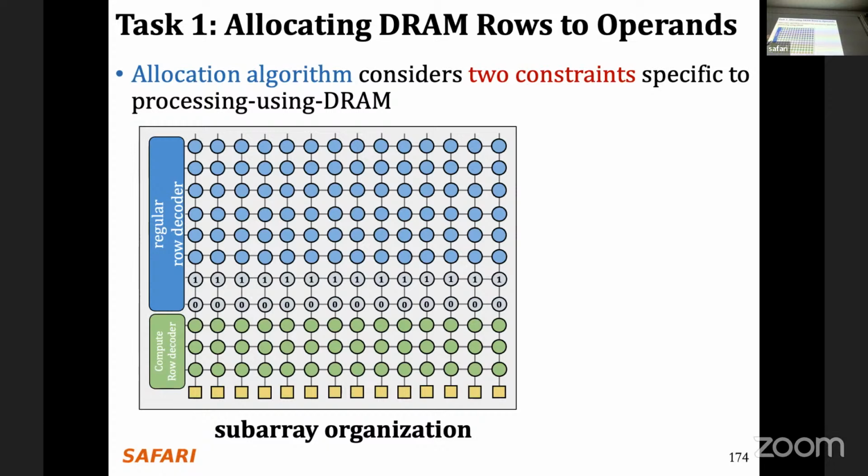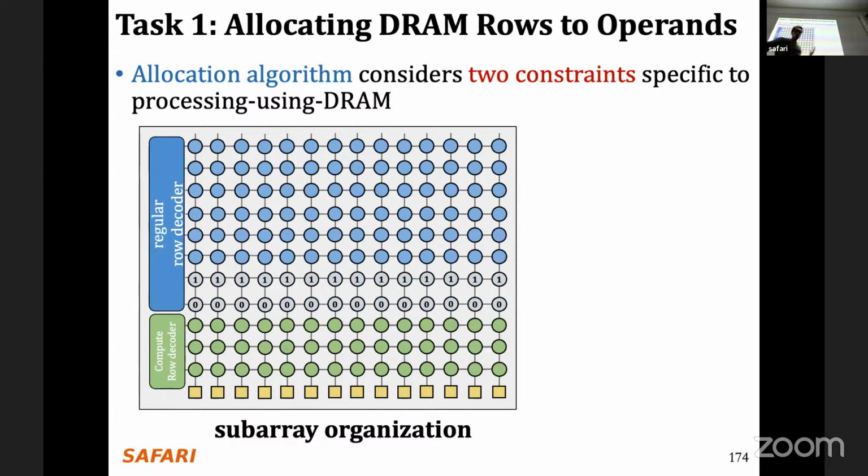Ideally, we could have a much more complex row decoder for the entire subarray, but the authors of Ambit propose just a small decoder that is able to activate 3 rows, but only a limited set of rows can be activated by these special row decoders. So that's why we need to do, first of all, a row clone operation from the regular rows to the compute-capable rows, and then we will activate 3 rows at the same time. So this is more or less how it works.